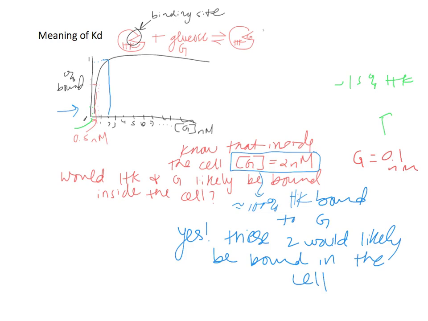The other thing that you can do, let's say we have 2 proteins. You have the protein called HK, and you believe it binds to glucose. And it's reversible. This indicates reversibility.